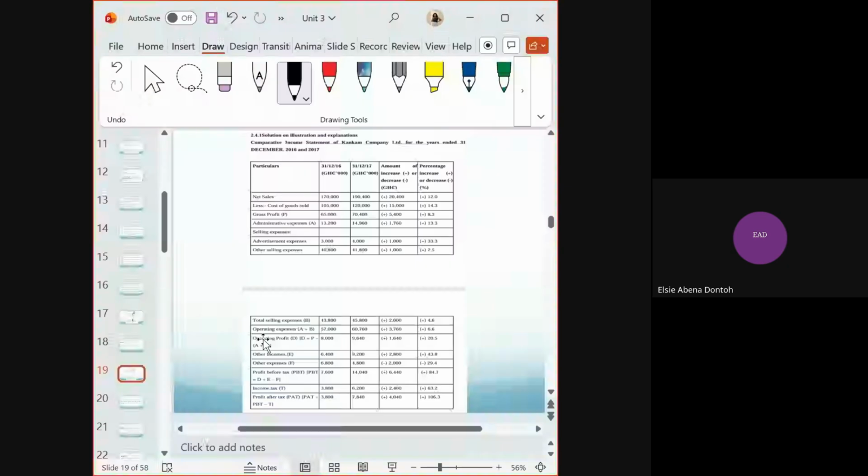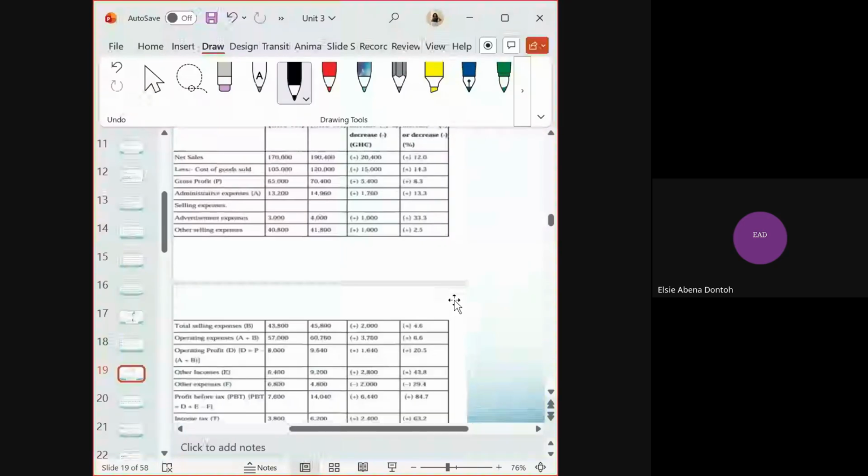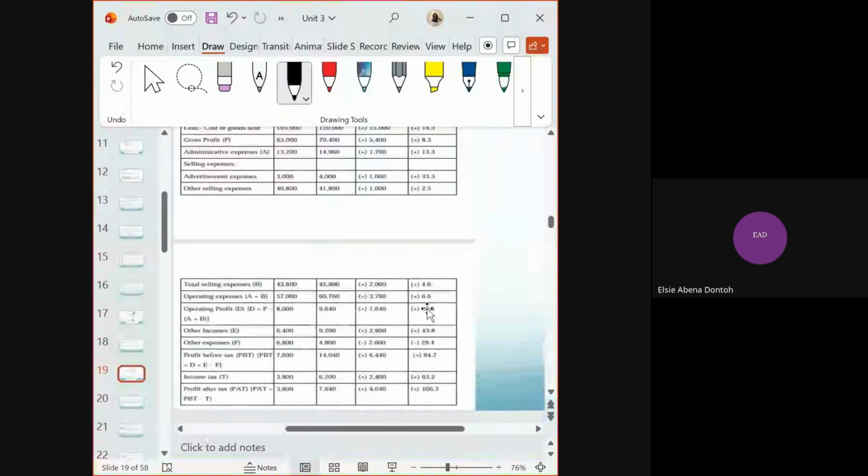We have total selling expenses, which increased by 4.6%. Operating expenses was 6.6%. Operating profit 20.5%. And then we have other income. You see, other income is huge here. Can you see 43.8%?